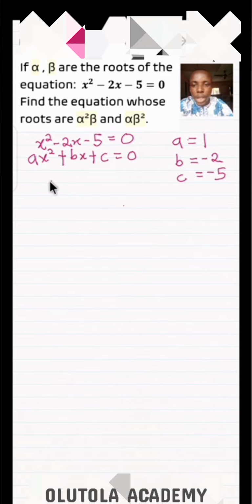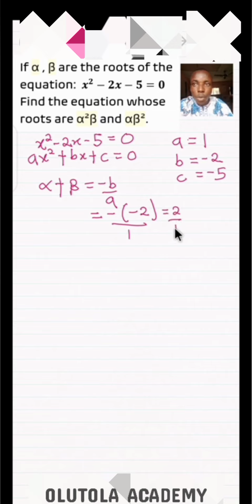I'll use a, b and c to get my sum of roots, since the question says alpha and beta are the roots of the equation, and the sum of roots alpha plus beta is given by minus b over a. So I'm going to have minus minus 2 all over 1, and that will give me 2 over 1, which is 2.